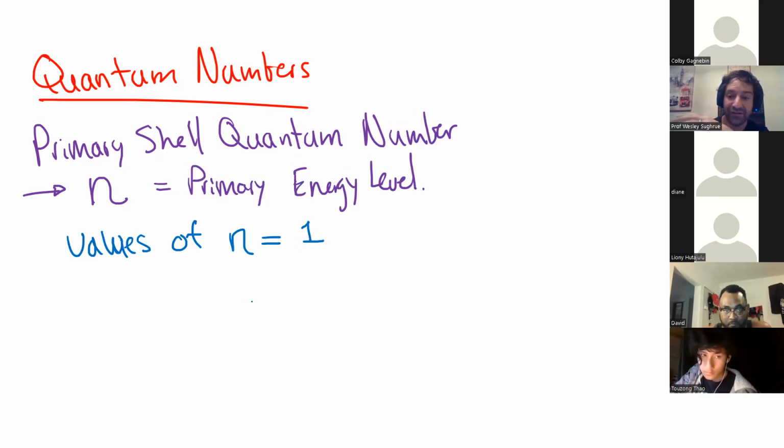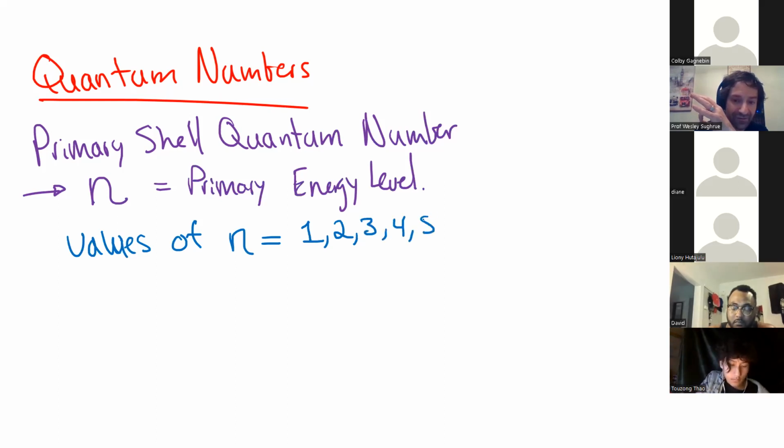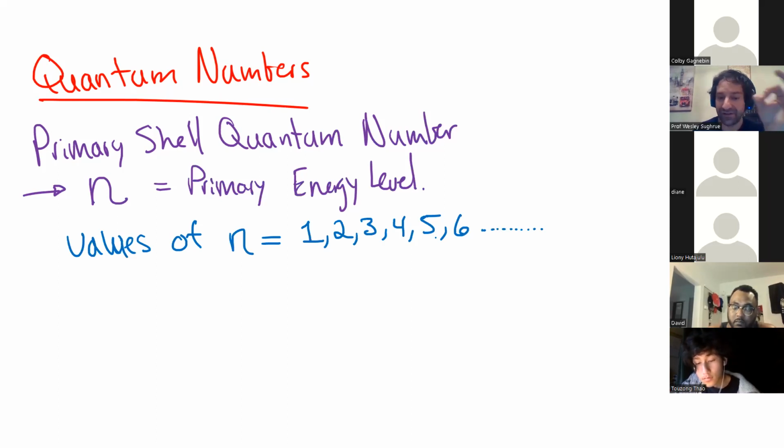The very first value of N that can exist within an atom is 1, followed by 2, followed by 3, followed by 4, followed by 5, followed by 6, and technically it goes on and on, but there is nothing between 4 and 5. There's nothing between any of these two values given. It is these discrete values that exist. So the first value of N that exists in any atom is 1, then 2, then 3, and so on and so forth.